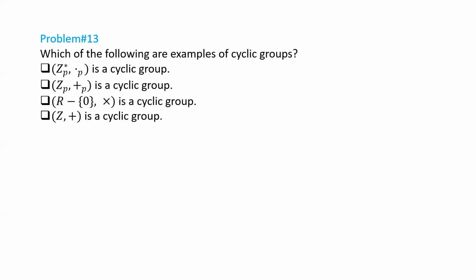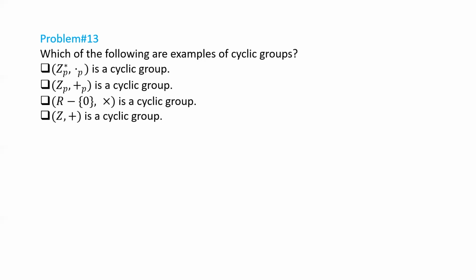So all these elements G to the power 0 to G to the power Q minus 1 will get repeated for all values i greater than or equal to Q. Okay, so you get the same set of elements again if you continue the exponentiation with a larger number. But for that, you need to have a finite number of elements in the group. So Z plus is a group, but it's not a cyclic group.